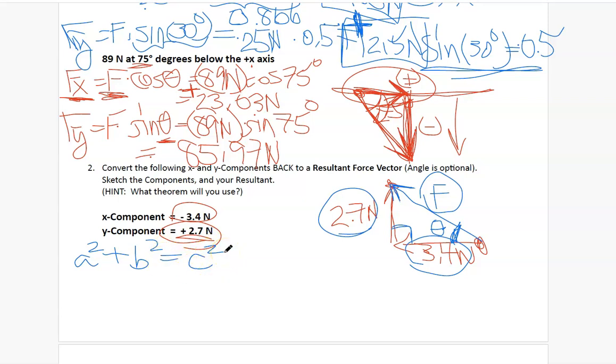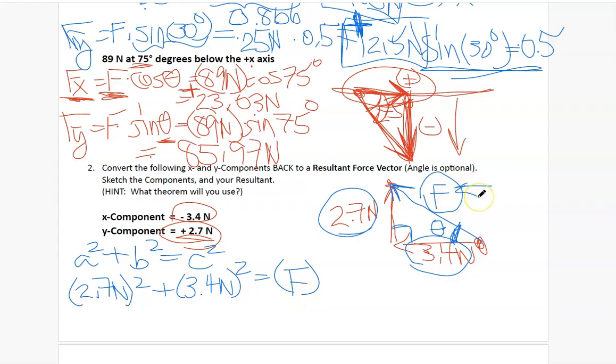Well, that works out to being 2.7 newtons quantity squared, and it doesn't matter which order you do those, plus 3.4 newtons squared will equal my force, the original force, the resultant force, squared in magnitude. This doesn't deal with direction.